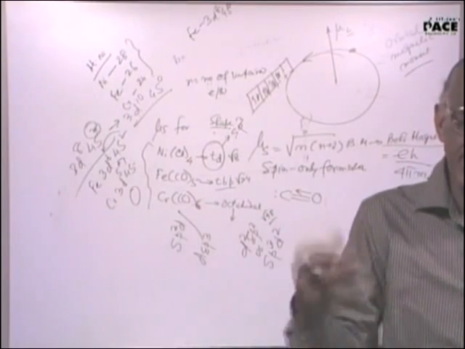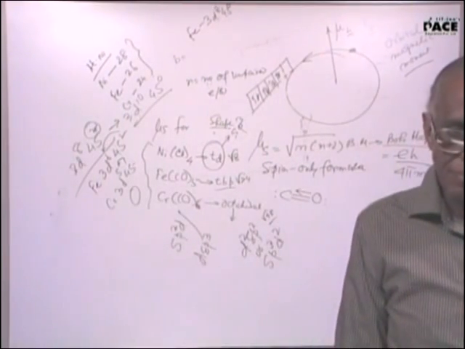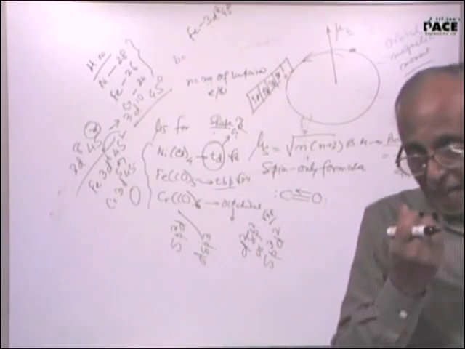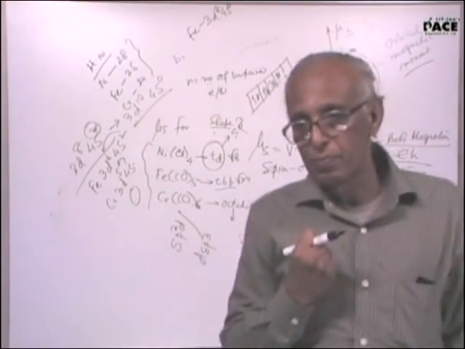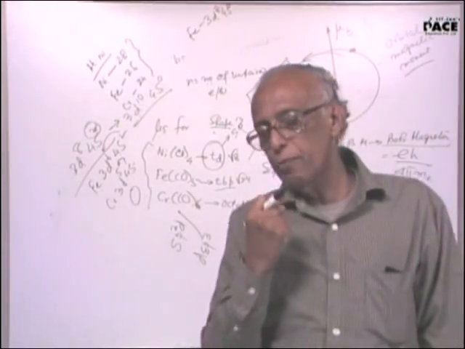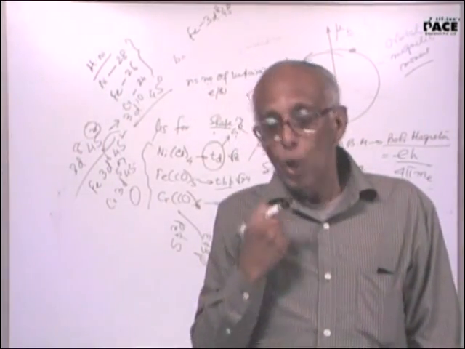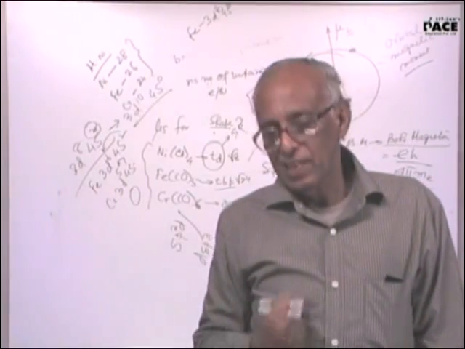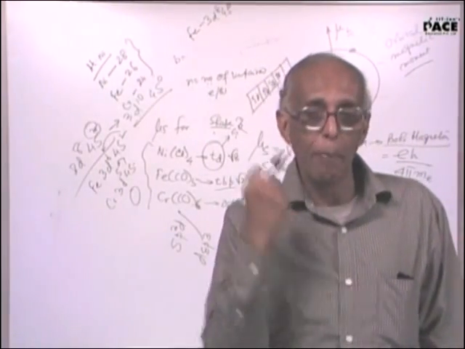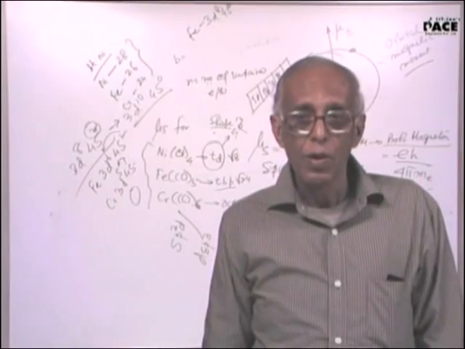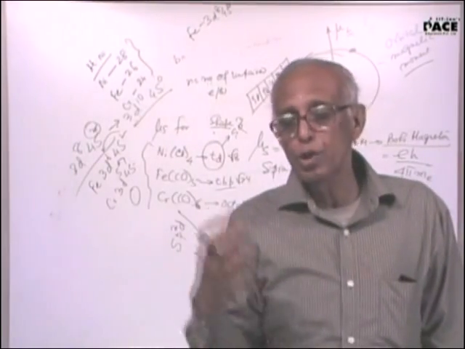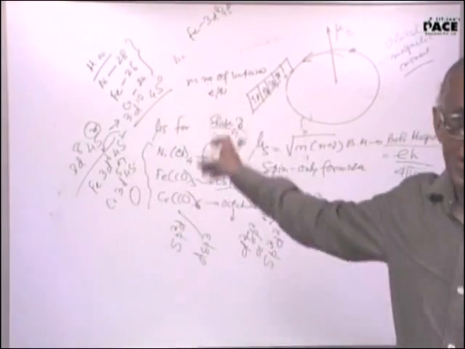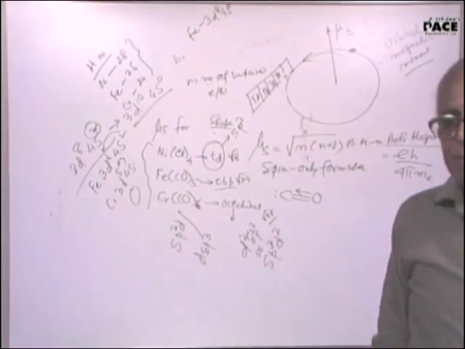Since carbon monoxide is an acceptor type of molecule, it accepts the electron from the metal, so its interaction with the metal is strong. As a result, it provides a pairing energy which helps all the electrons to get paired. And that gives me the experimentally determined value.